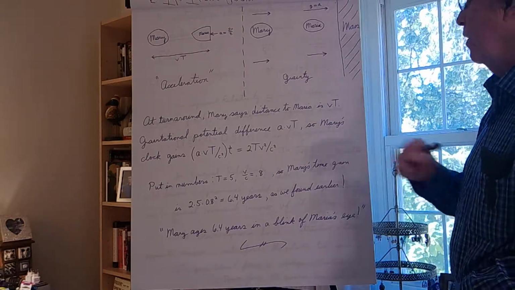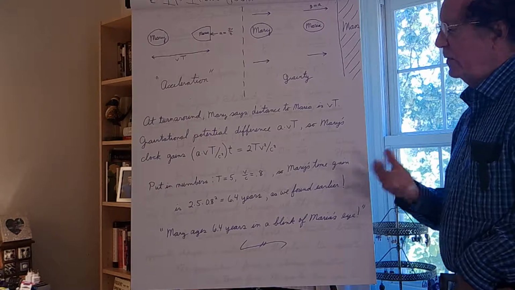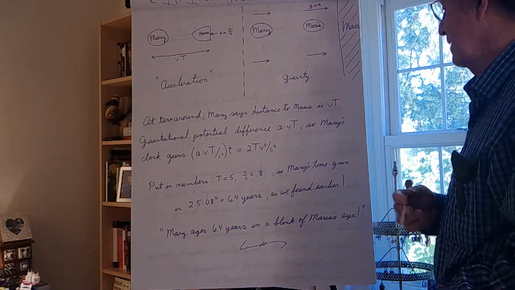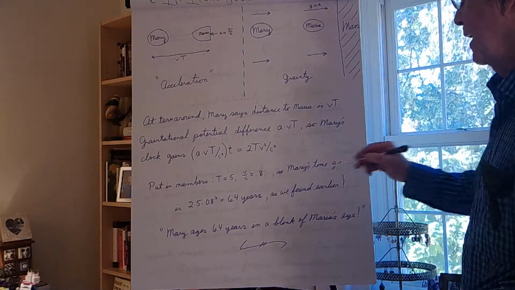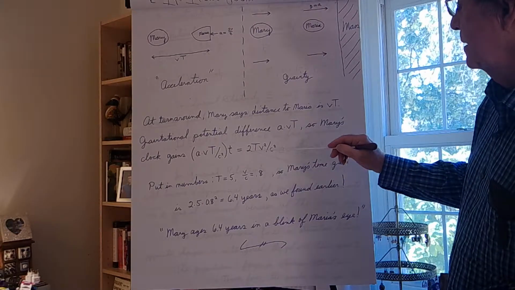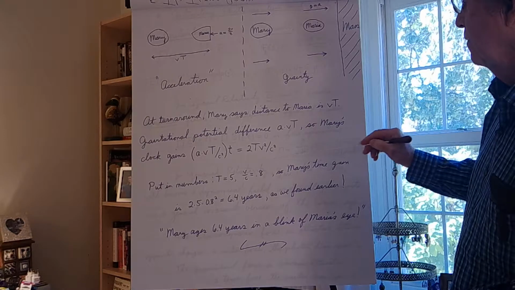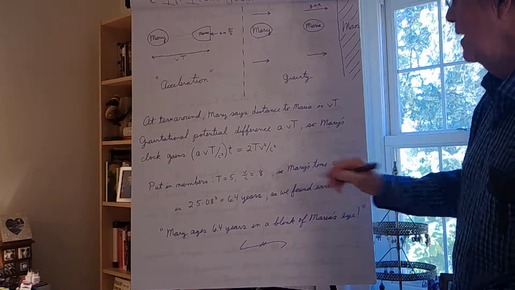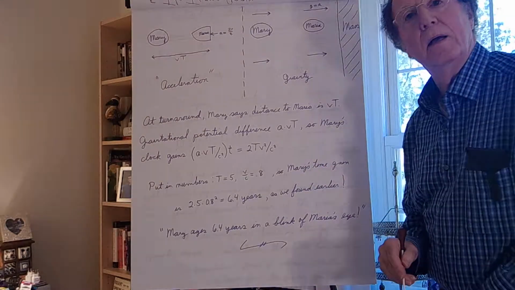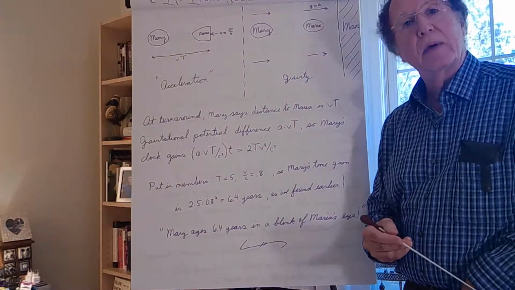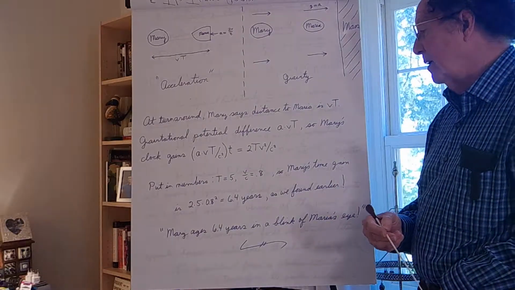V over c was 0.8. That was the case we chose because the numbers worked out slickly there. And so Mary's time gain is just twice t, 2 times 5 times v over c squared, 0.8 squared, and that's 6.4. So we got the same answer that we got before, and all is well.